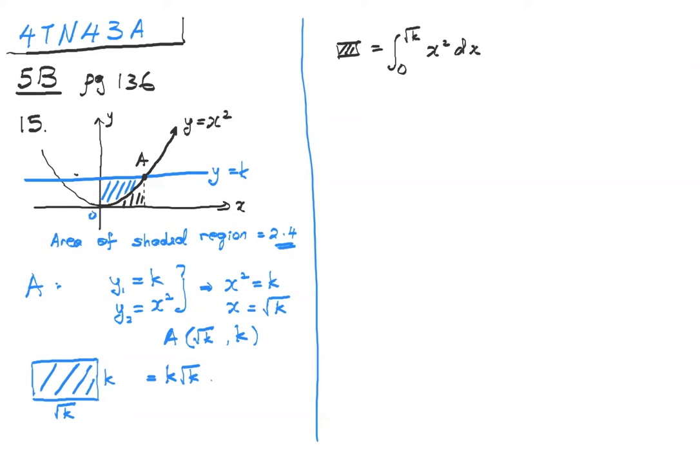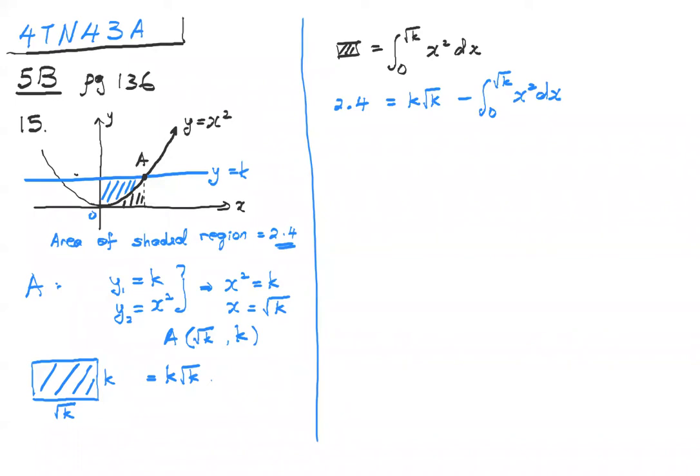Okay, so I got this as 2.4 is equal to k root k, take away, integrate from 0 to root k x squared dx.